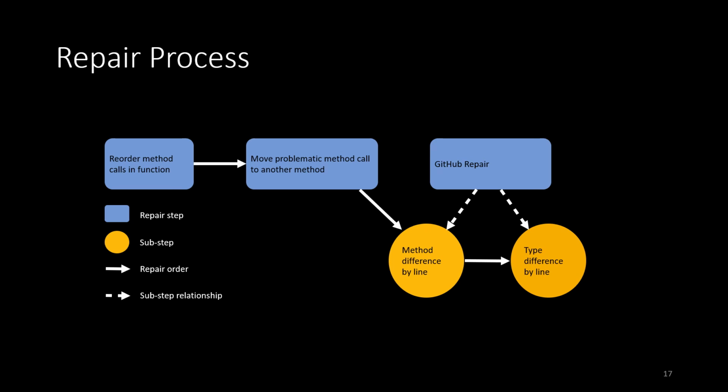For a specific method of reference, it'll first look at the method differences by line to see if certain method calls are happening in the reference method call or happening in the problematic code where it shouldn't. If that doesn't fix it, it'll then look at type differences.